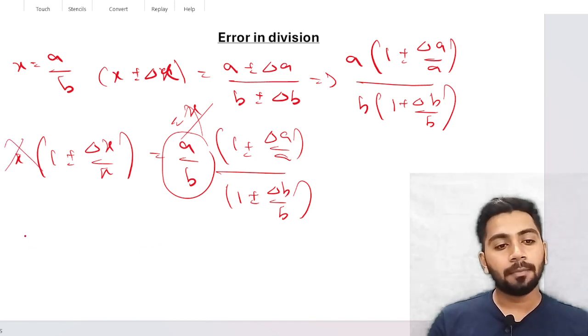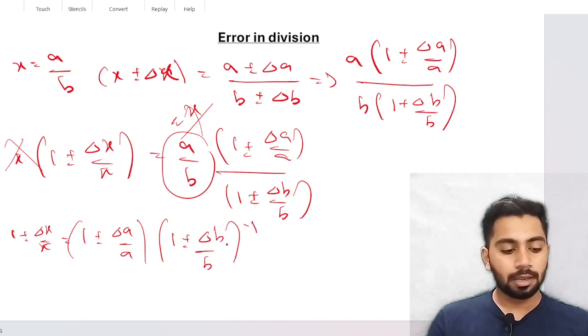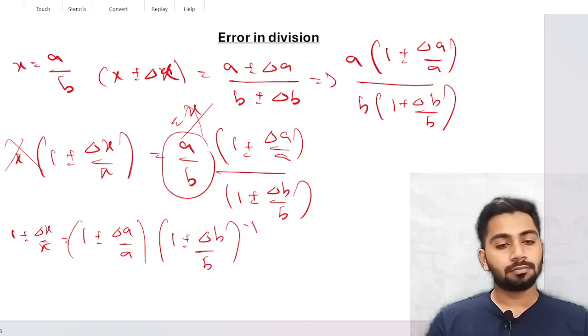Now we remain with 1 plus or minus error x by x is equal to 1 plus or minus error a by a, and 1 plus or minus error b by b.